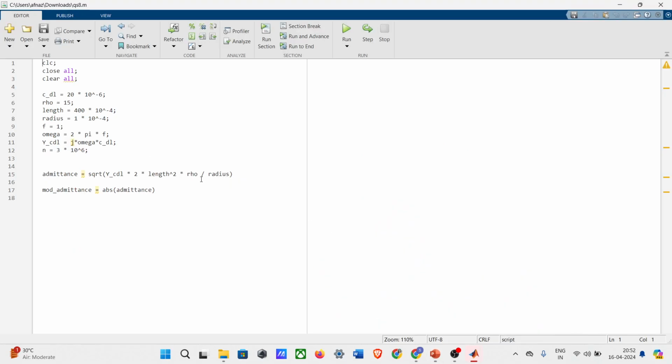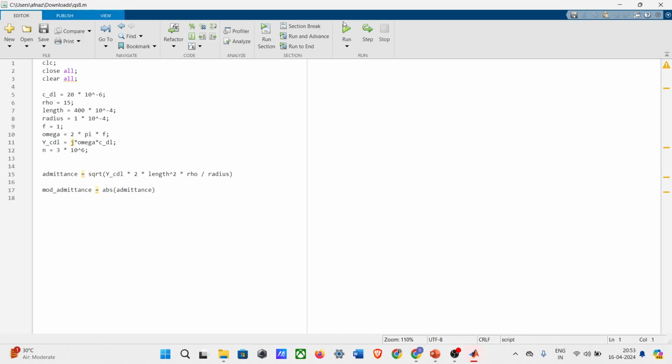I calculate YCDL separately, then 2 pi RL, everything separately. So YCDL into 2 into length square into rho by radius, the formula which I wrote in the PPT. The mod of the admittance is the absolute value of the admittance. That's what is asked in the question.